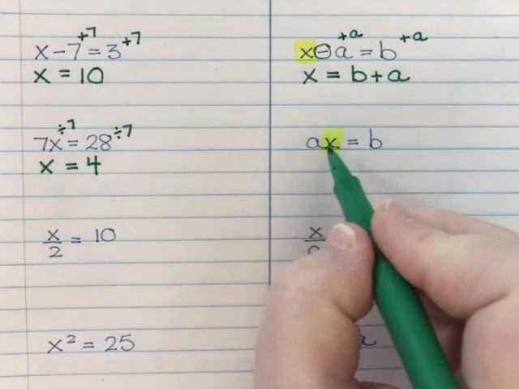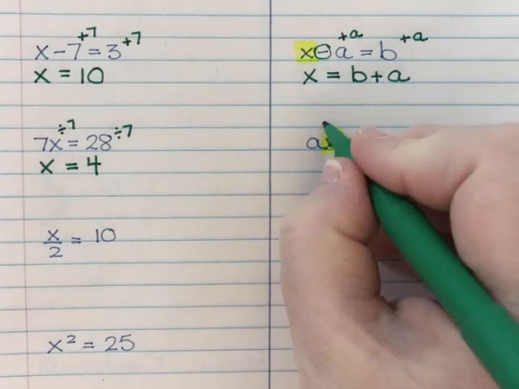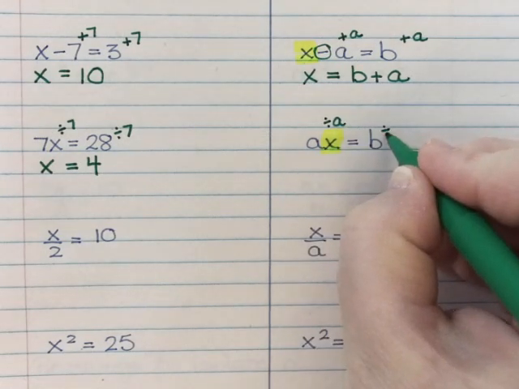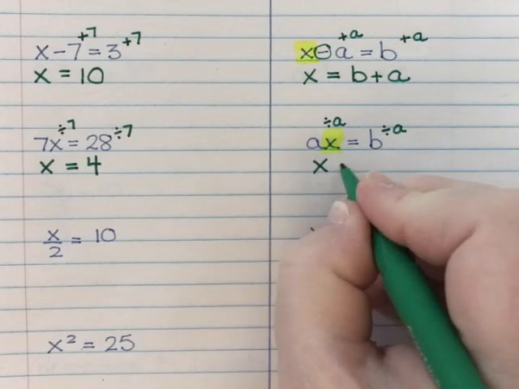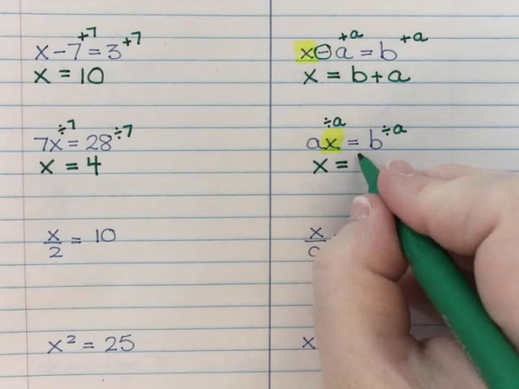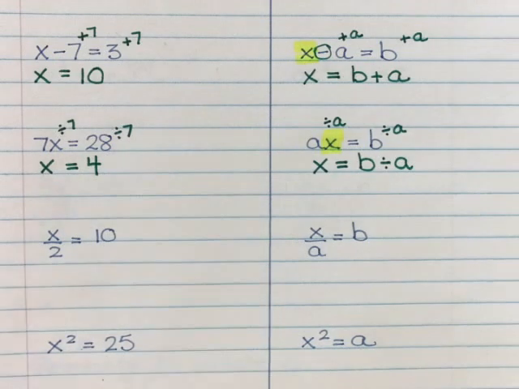So we are currently multiplying by a. That's what it means when you have the two letters side by side. So I would cancel it out by dividing by a, and what I do to one side, I do to the other. Now I have two choices on how I can write this answer. I could write x equals b and then divided by a, like that.